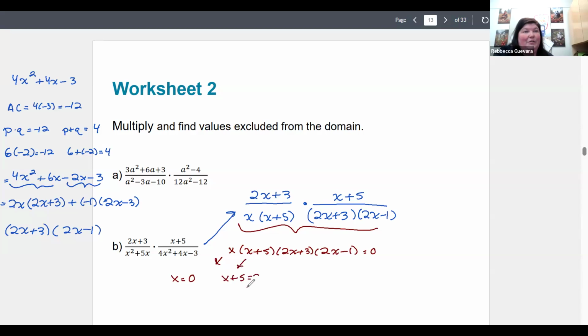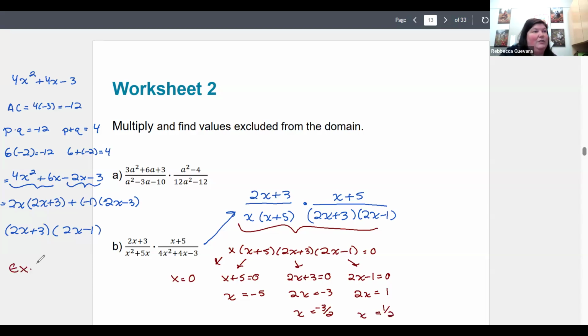X plus 5, if it equals 0, that only happens if x is equal to -5. 2x plus 3 equals 0 only if we solve this for x, x is equal to -3/2, or if 2x minus 1 is equal to 0, which if I solve that for x, we're going to get x is equal to 1/2.